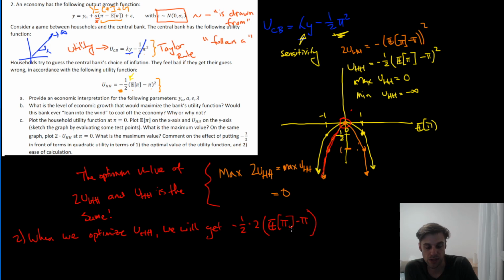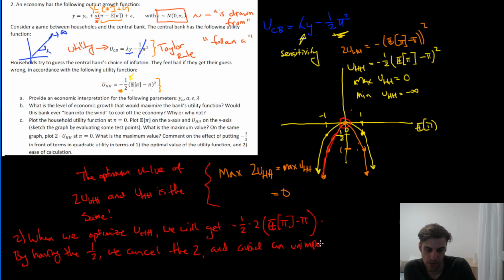That's the outside of the chain rule; we brought the power rule down. So by having the 1/2, we cancel the 2 and avoid an unimportant constant in all of our equations.